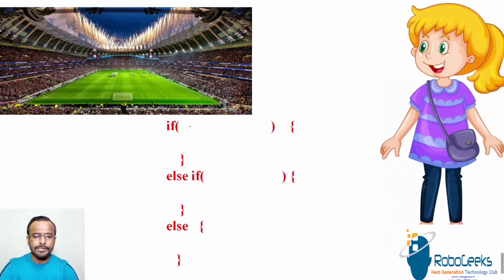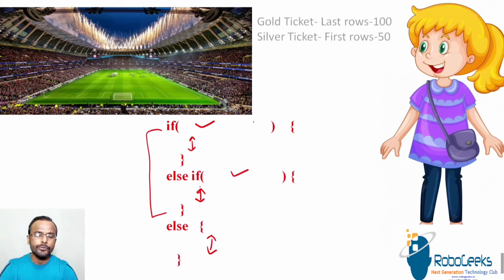If this condition is true, it will execute the command inside it. If both of them are not true, that means both are false, then it will execute this command by default.